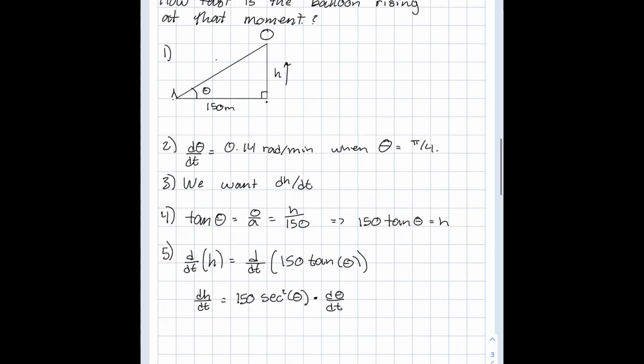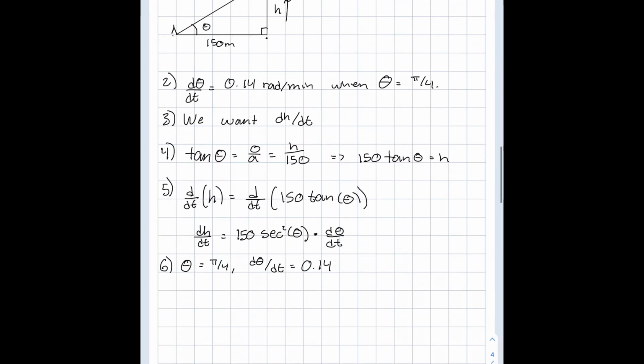Perfect. So now we need to evaluate. We're given that this is when theta equals pi over 4. And that's also when d theta dt equals 0.14. So I'm only left with an unknown of dh dt, and that's what I want to find.